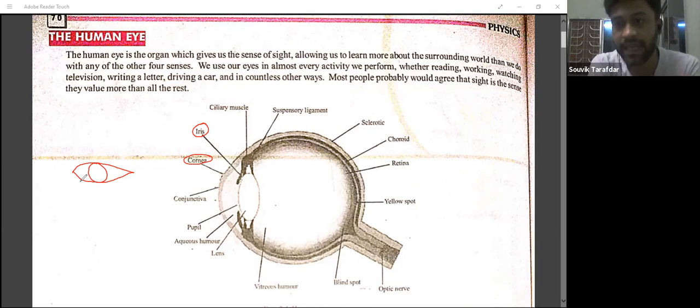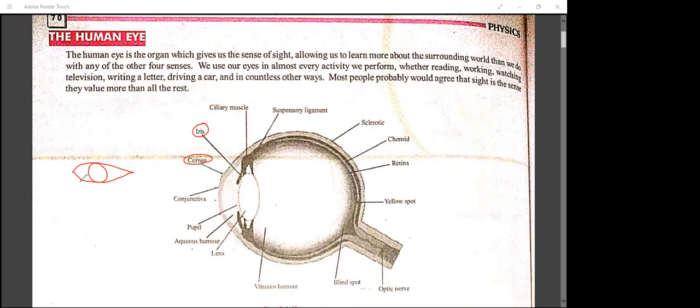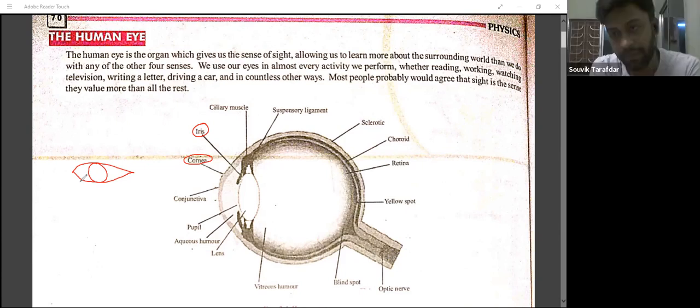It is decided by the pigmentation of our skin color, isn't it? Similarly, the iris color is also decided by the pigmentation on the iris. So I have told you about the color of the iris and what the iris actually is.